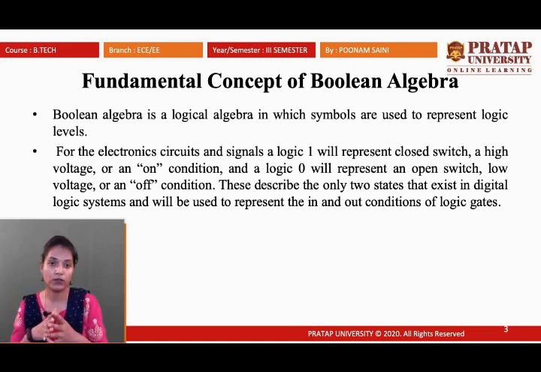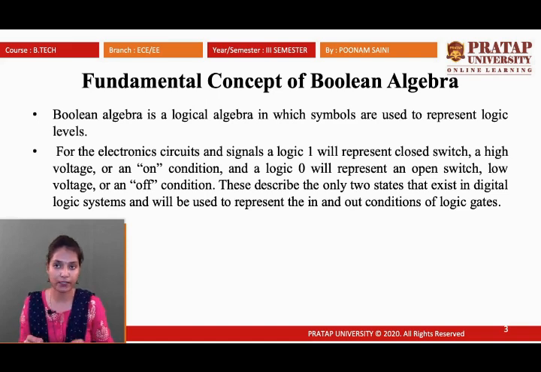A closed switch means the circuit is complete, so the voltage is applied in the circuit and current will flow. When the logic is 0, it represents an open switch: low voltage, the circuit is open, and there is no flow of current.